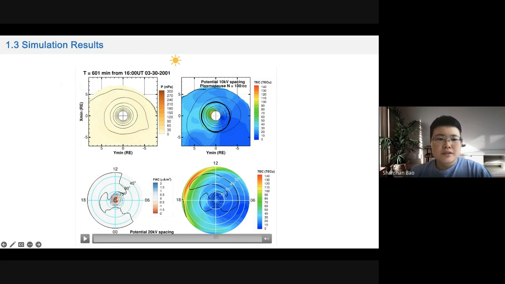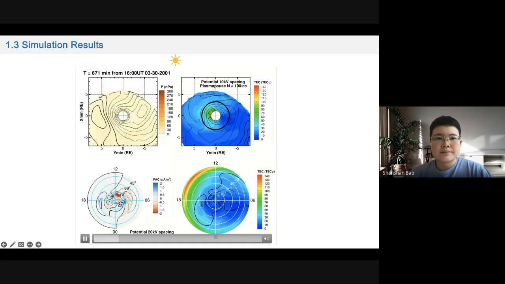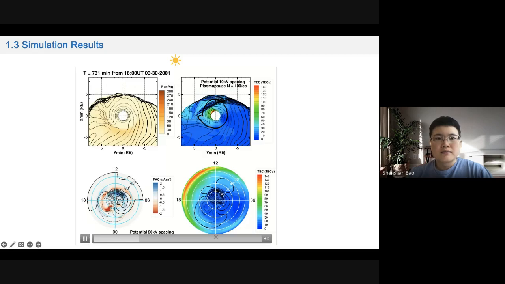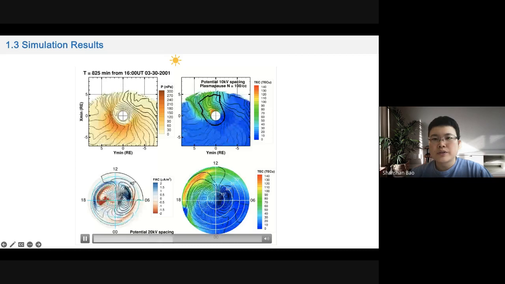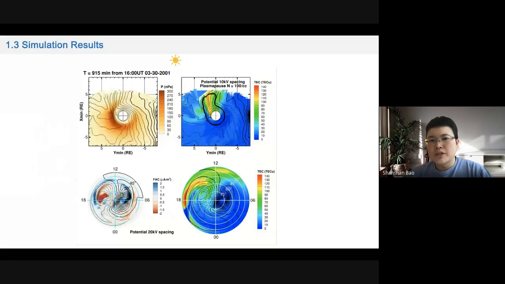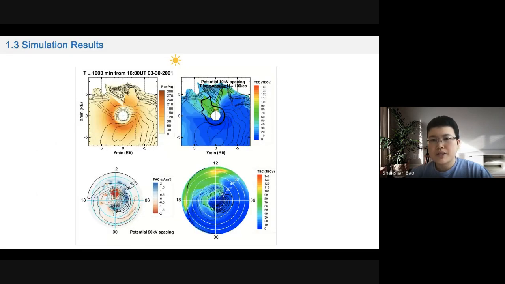Here are the simulation results. The top left panel is a ring current pressure profile, and on the right is TEC mapped to the equatorial plane using the magnetic field information generated by MAGE.